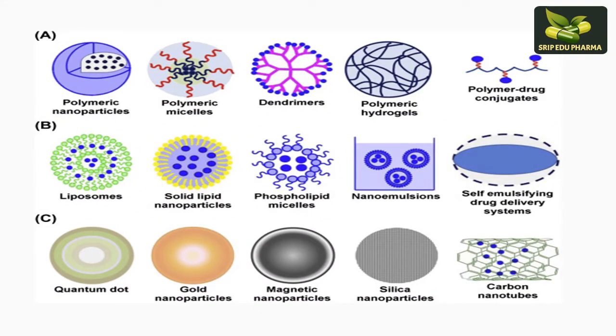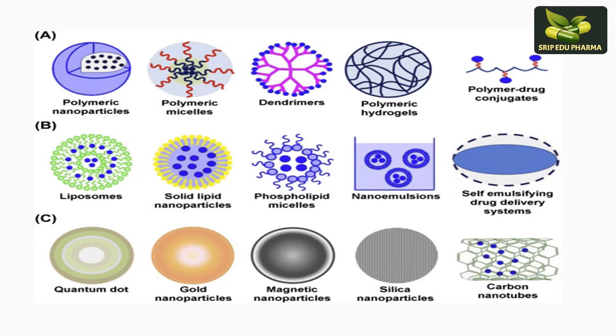This diagram I have displayed over here is of the different types of vesicular system that we are discussing, and we have previously discussed polymeric and non-polymeric nanoparticles and nanostructures. So this diagram gives you a clear-cut idea of how these vesicular systems actually look. It consists of polymeric nanoparticles, polymeric micelles, dendrimers, polymeric hydrogels, polymer drug conjugates.